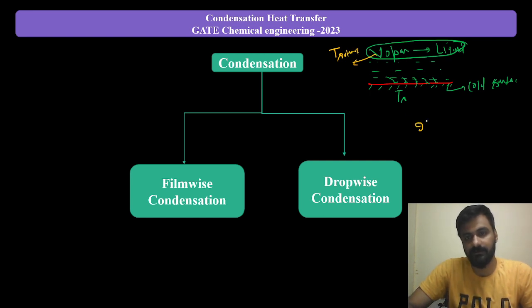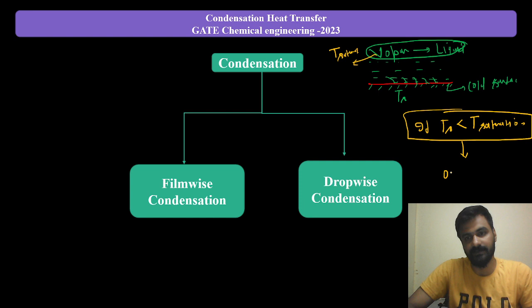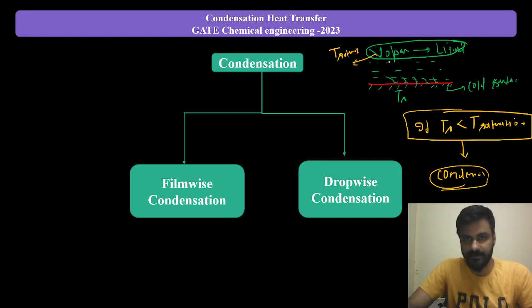If T surface is less than T saturation temperature, then condensation will take place. This vapor will get condensed into liquid.